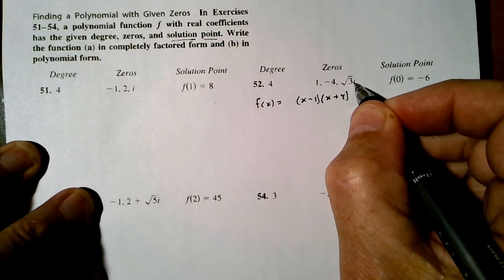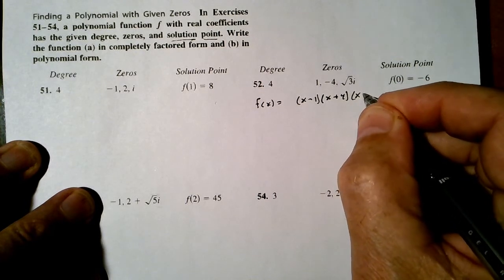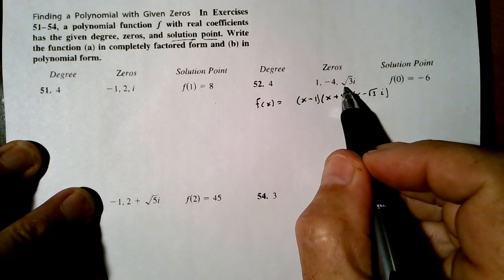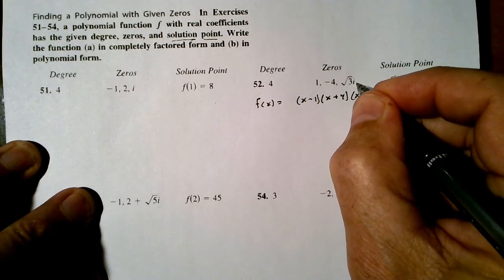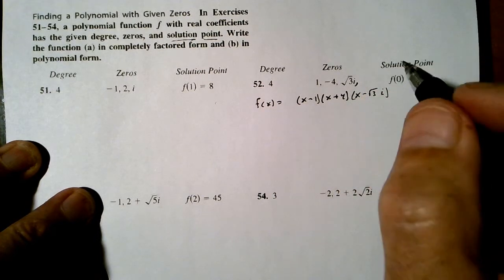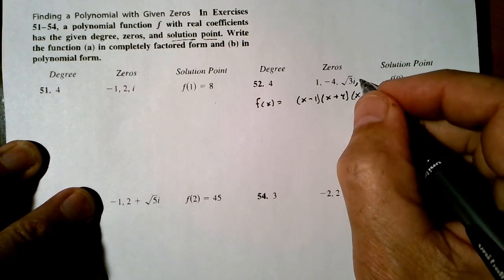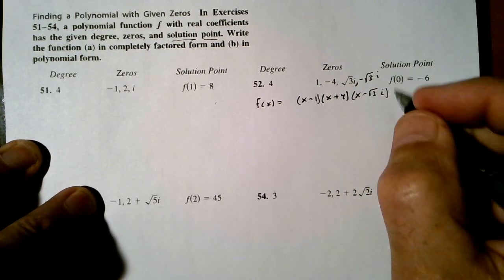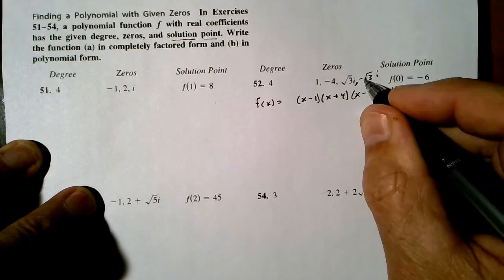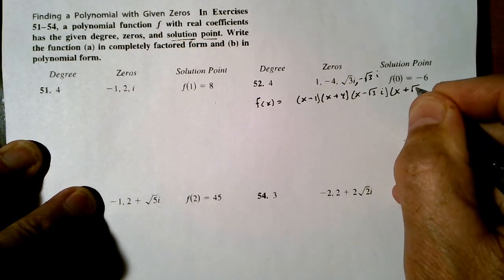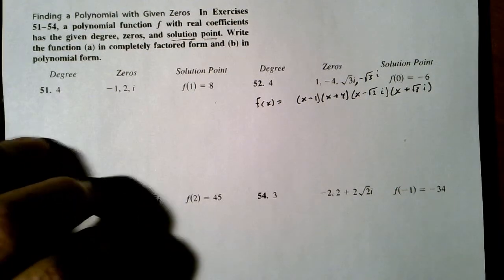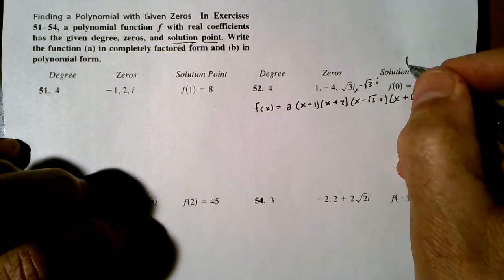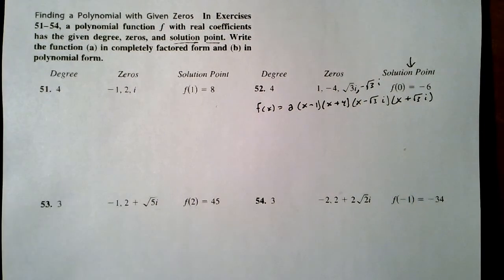If square root of 3 times i is a 0, x minus square root of 3 times i is a factor, but complex zeros occur in conjugate pairs. So 0 minus square root of 3i must be a 0, making x minus negative, or plus, square root of 3i a factor. And now the a out in front of here is going to matter because of this solution point. And we'll talk about that shortly.